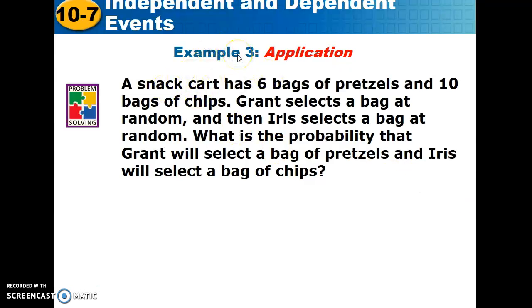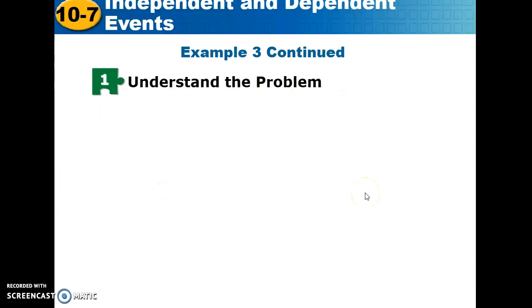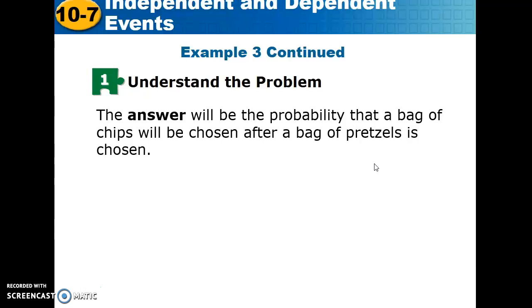Let's look at example 3. A snack cart has 6 bags of pretzels and 10 bags of chips. Grant selects a bag at random, and then Iris selects a bag at random. What's the probability that Grant will select a bag of pretzels and Iris will select a bag of chips? First, we're going to take the event and figure out what's going on.